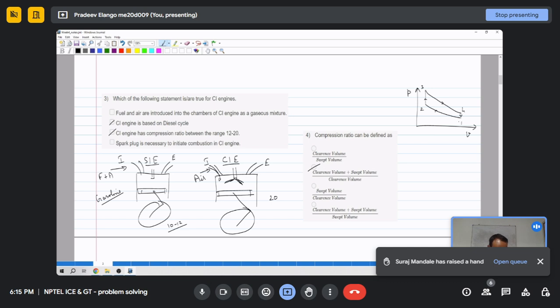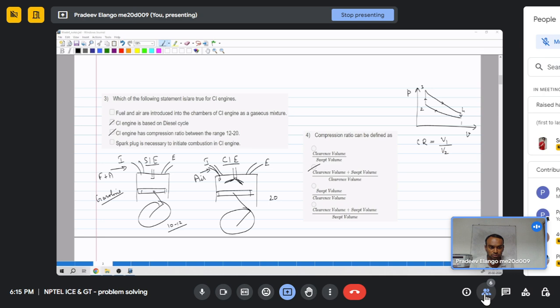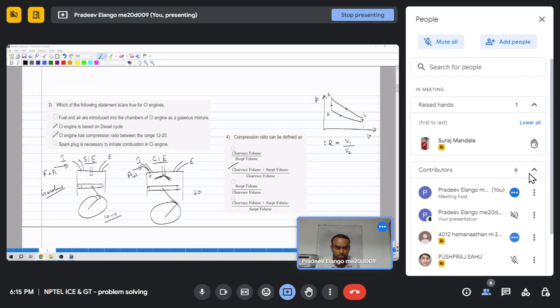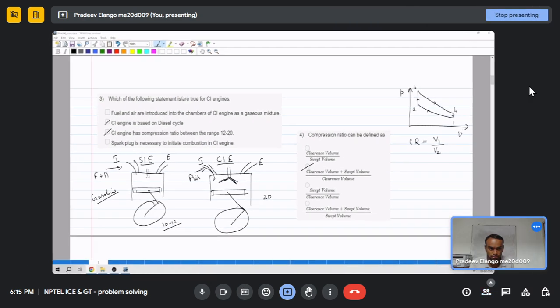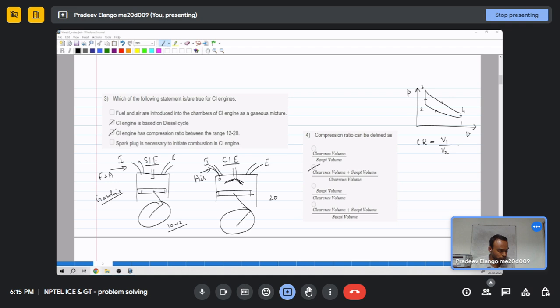So compression ratio is volume before compression divided by volume after compression. Suraj, you have some questions? So volume before compression is this full volume.